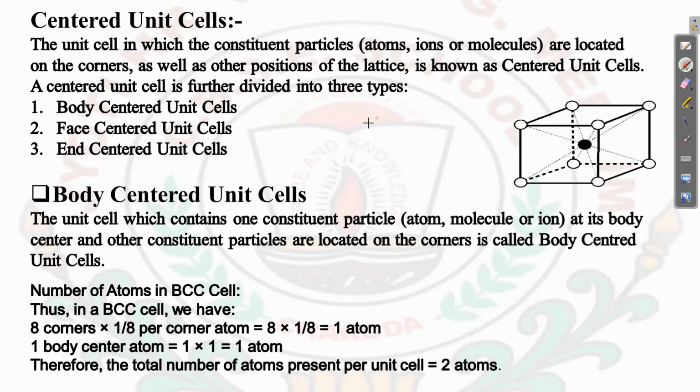Total number of atoms here is 8 plus 1 equals 9 particles. 8 particles are contributing their 1 by 8th part, and the one particle present in the body is contributing fully, as it is fully present at the center of this lattice.